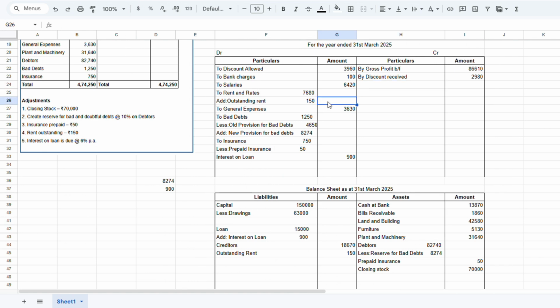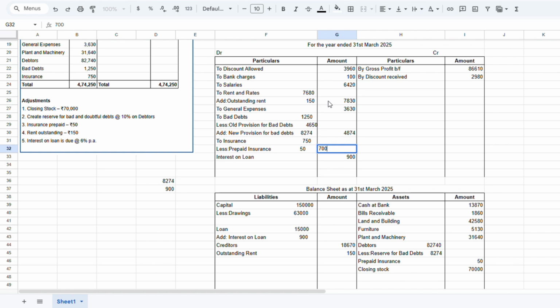7,680 minus 150, that is 7,830. Now 1,250 minus 4,650 plus 8,274, that is 4,874. 750 minus 50, that is 700.